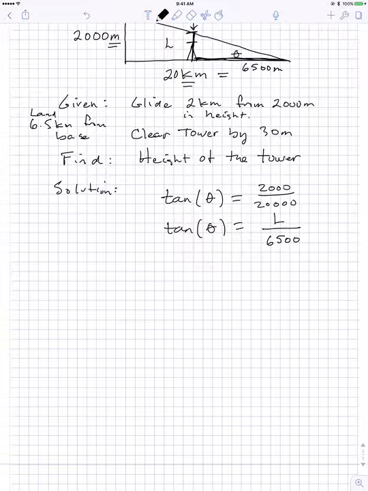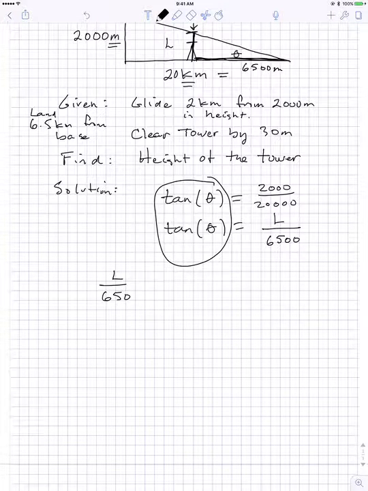Okay, from there we can equate the two tangents. Okay, and from that we get that L over 6,500 is equal to 2,000 over 20,000.